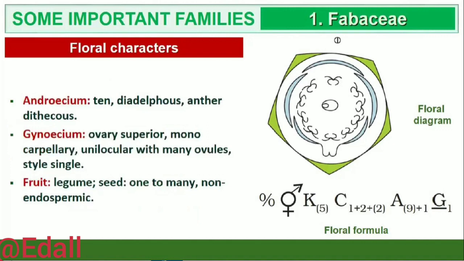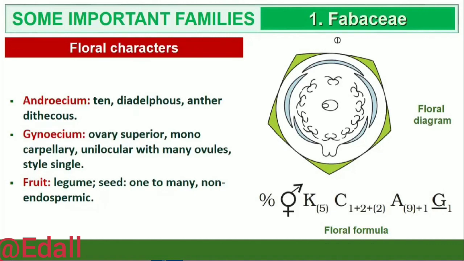Androecium, 10, diadelphous, anthers dithecous. Gynoecium, ovary superior, monocarpellary, unilocular with many ovules, style single. Fruit legume, seed one to many, non-endospermic.